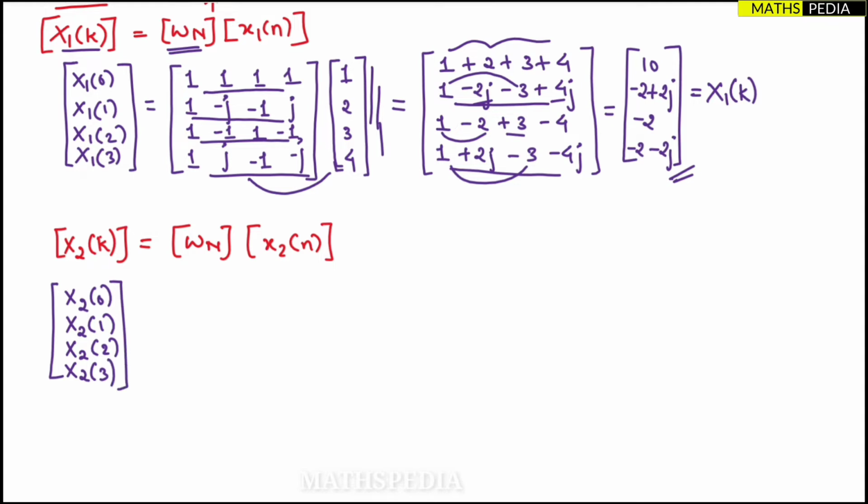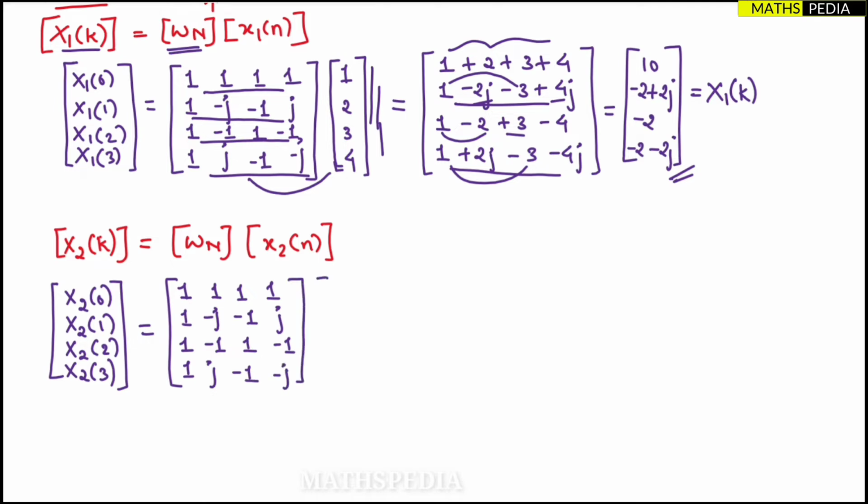Now which is equal to the WN matrix, which is nothing but, again you have to write the same thing, 1 1 1 1, here also 1 1 1. Here it will be minus j, minus 1, plus j, minus 1, plus 1, minus 1, and plus j, minus 1, minus j. Okay, into x2 of n we have the elements.